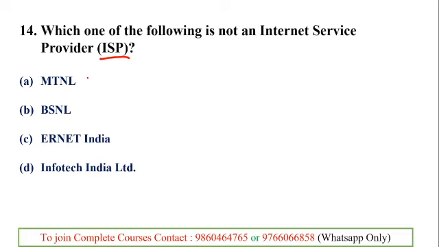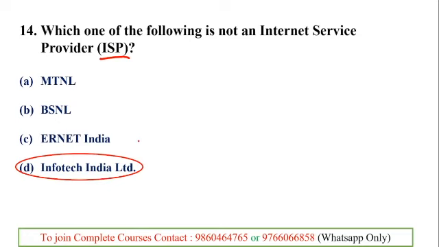The ISP has equipment and a telecommunication line, and has a point of presence on the internet for the geographic area served. So the internet service provider makes a connection between individuals and organizations and the internet. Here we can see MTNL, BSNL, AirNet India. These are all ISPs, but Infotech India is not related to ISPs.